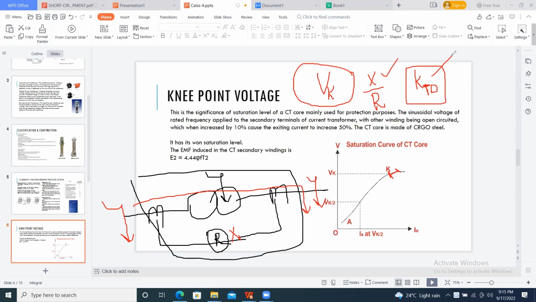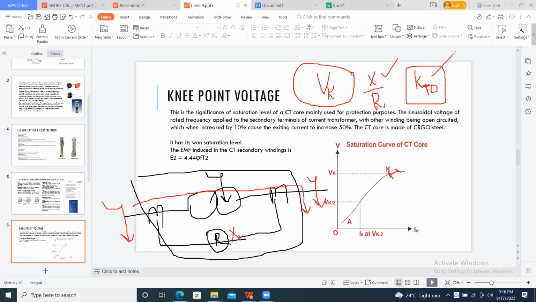I will share some related material so you can find out the way of calculation. But mostly we calculate this knee point voltage based on the relay you are using for the differential protection. So this is about the knee point voltage and the PS class series.